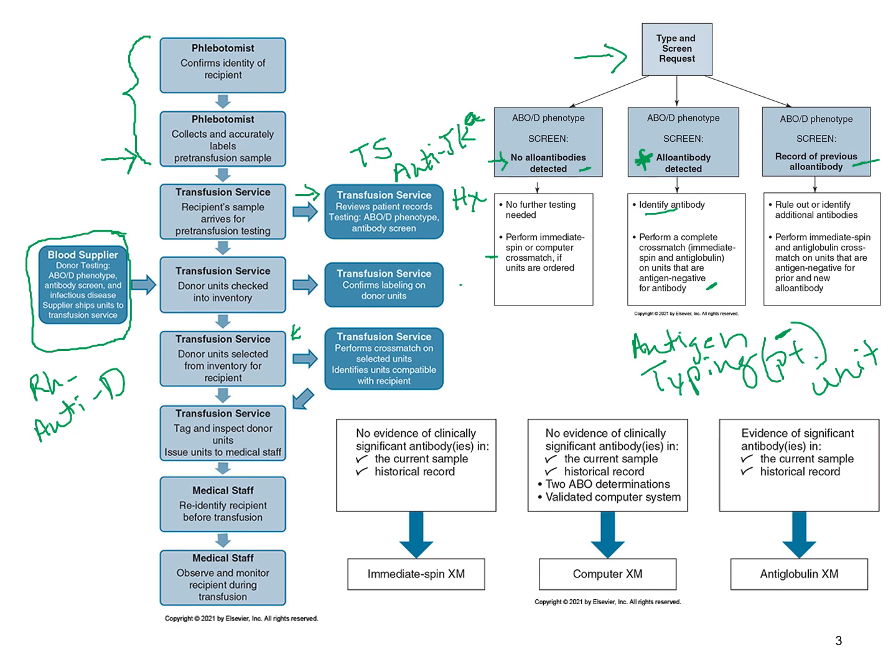But now a lot of facilities have put into place that you've got to run a panel every time you get that positive antibody screen, just to confirm that the antibody that's in the history is what you are still seeing and that it's not anything new.